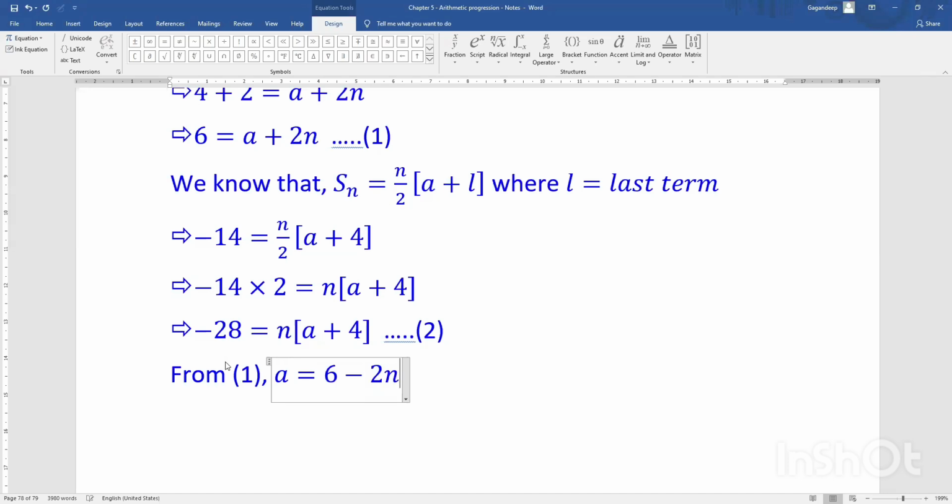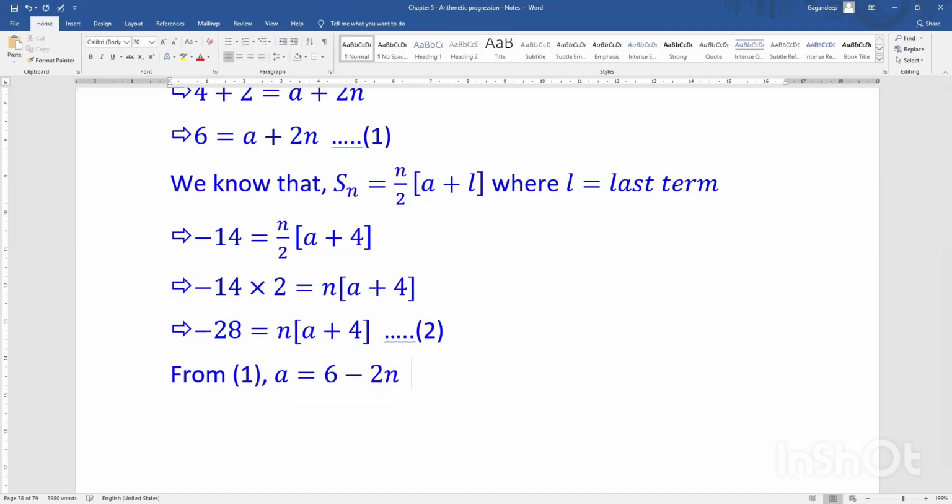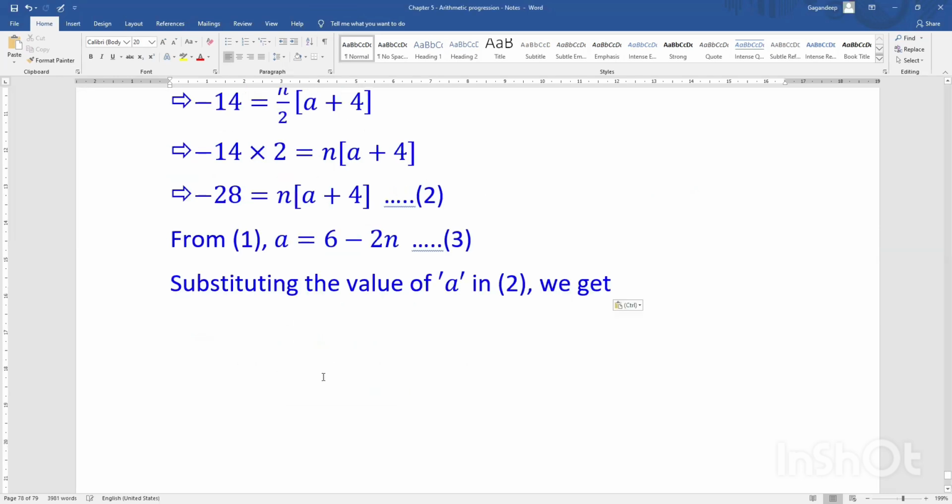I call it equation 3. Now substituting the value of a into equation 2, let us substitute it.